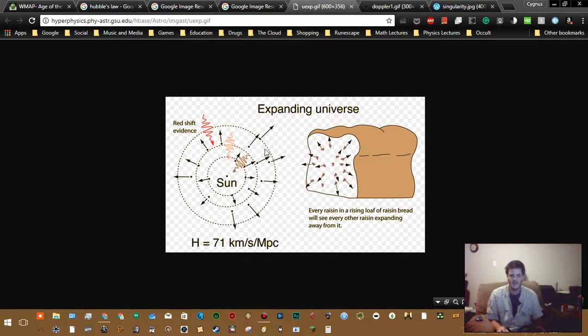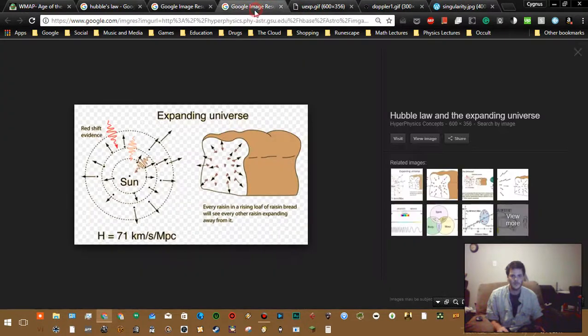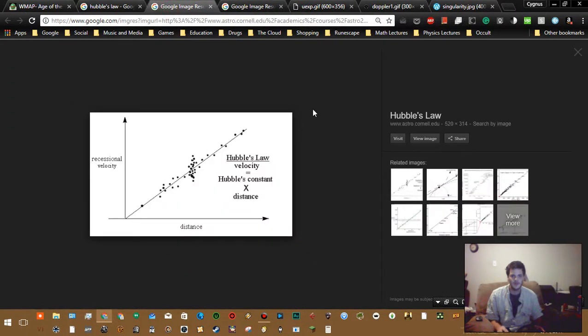Thinking about it that way, the expanding universe comes out like this. Now, let's go to this. Where did I even put that? Okay, so this is what I'm trying to say. The farther you go out, the farther it seems to move away in 1 unit of time every second. This is how we determine the age of the universe.